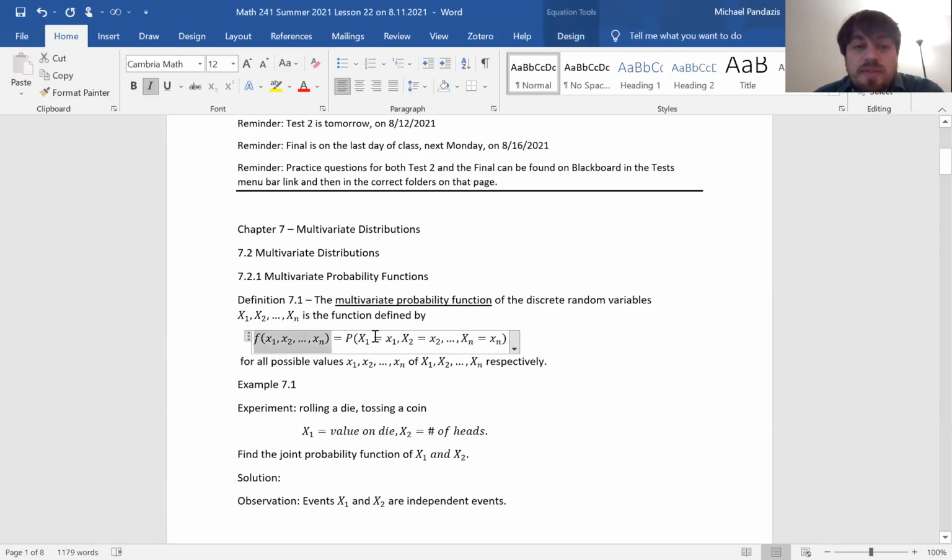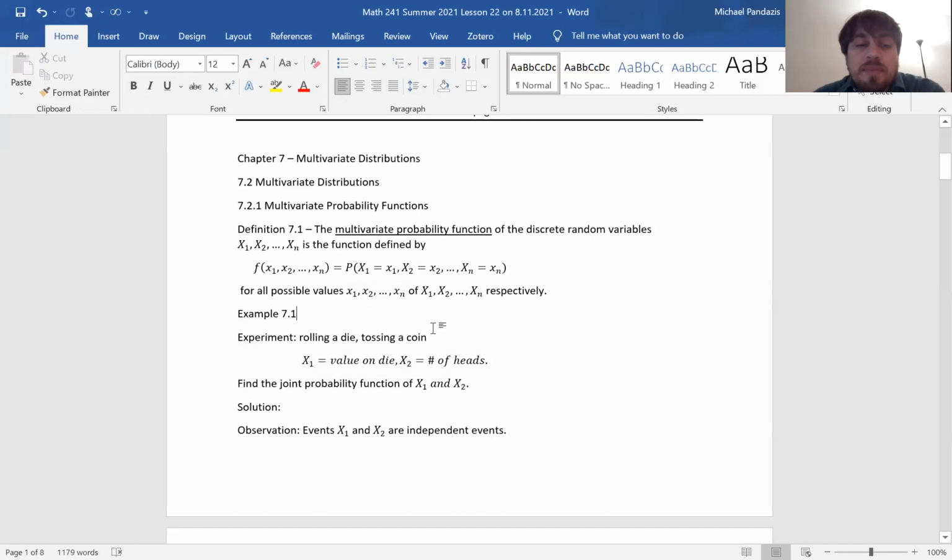So this is the PDF with n inputs, and it's the probability that the random variable X1 is equal to little x1, and the random variable X2 is equal to little x2, and so forth, up to and including the random variable Xn is equal to little xn, for all possible values little x1 to little xn of capital X1 to capital Xn, respectively. So it's just the probability that your n random variables take on these corresponding n values.